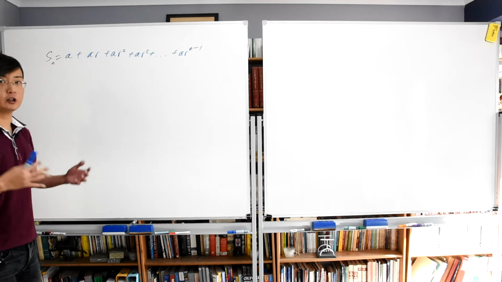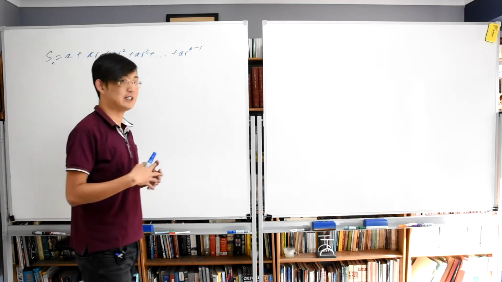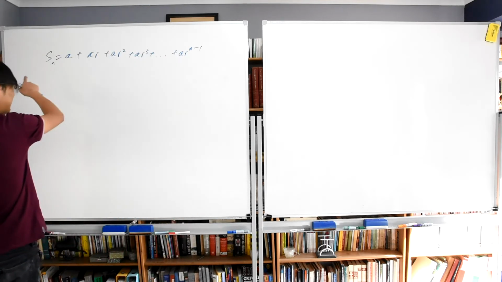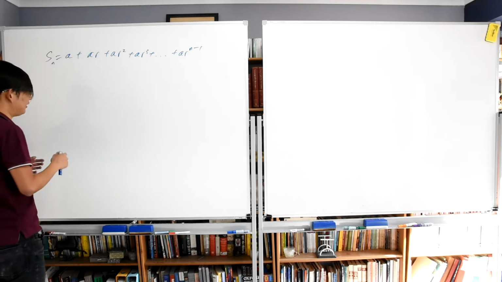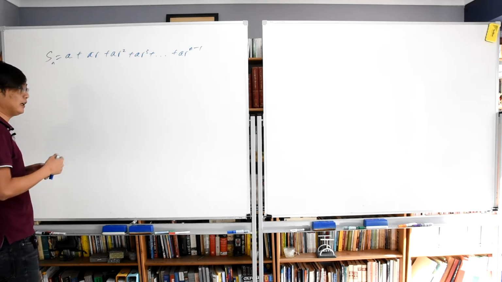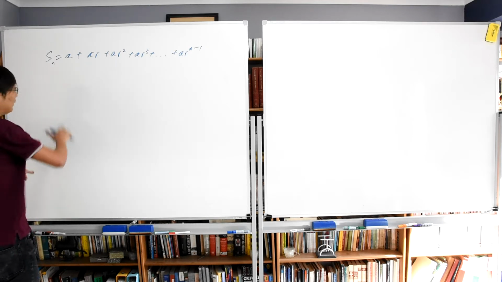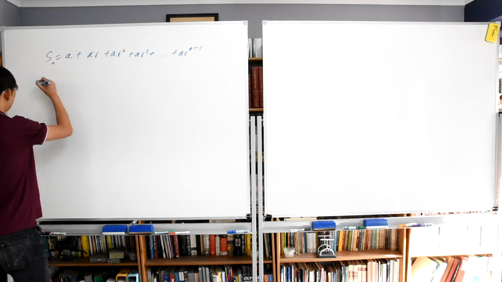To find a closed form for the sum of a geometric series, instead of writing it forward and backwards like we did for the arithmetic series, we're going to multiply the entire series by r.